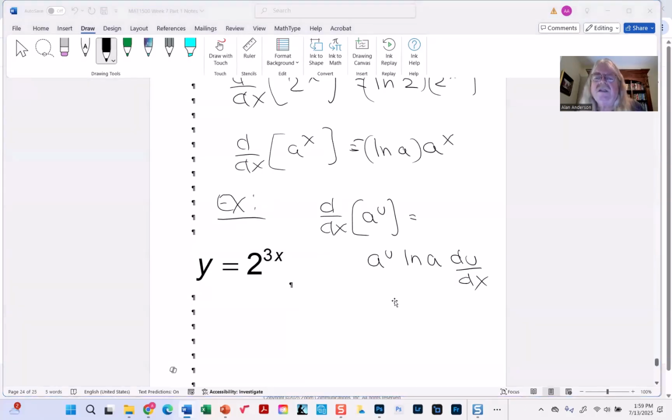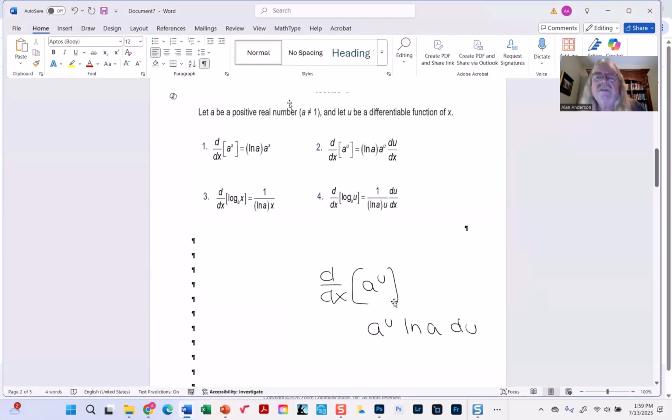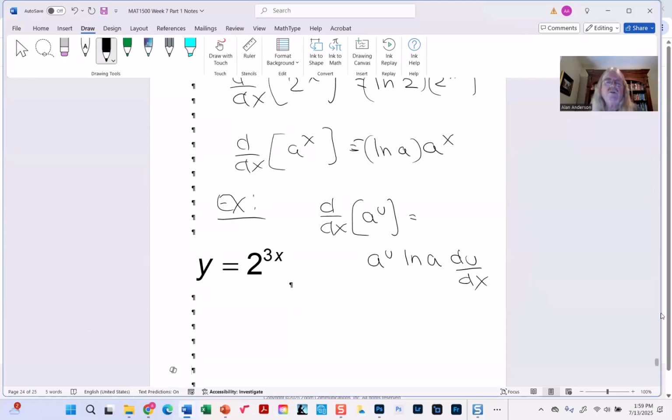So once again, it's a to the u, log a, du dx. If we let u be 3x, du dx will be 3. And of course, a is 2.